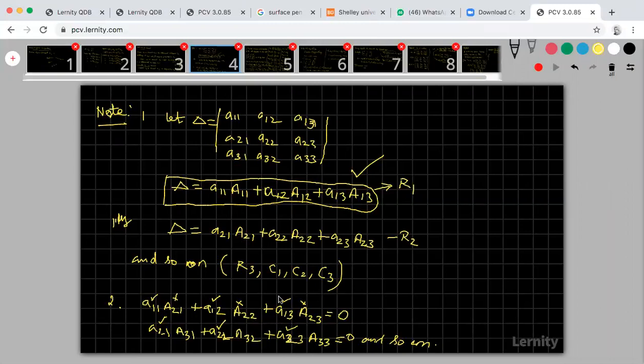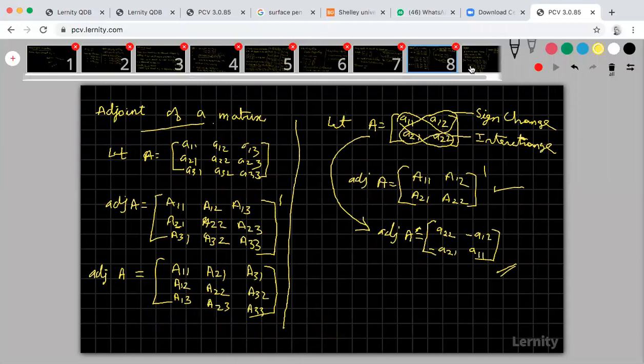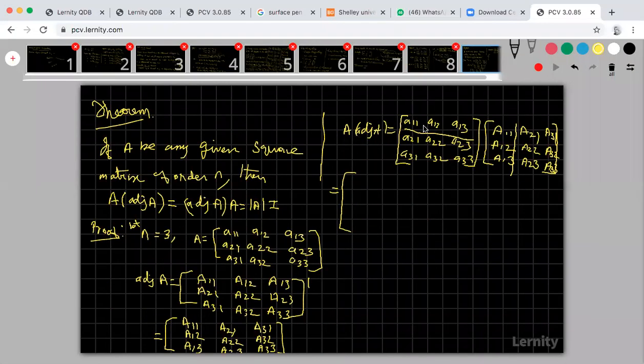I am going to use these two. So when you multiply these two, I will get A11 A11, A12 A12, A13 A13. So this is nothing but the value of the given determinant, that is determinant of A.